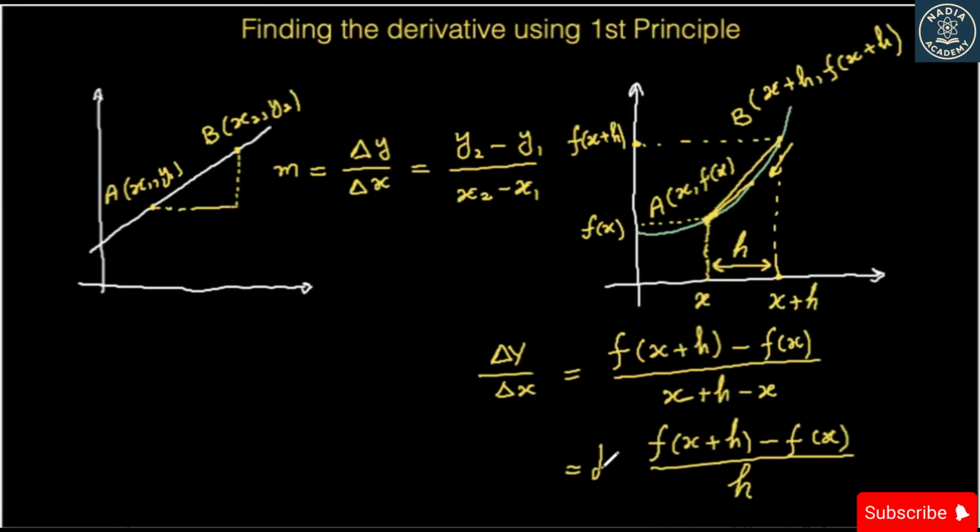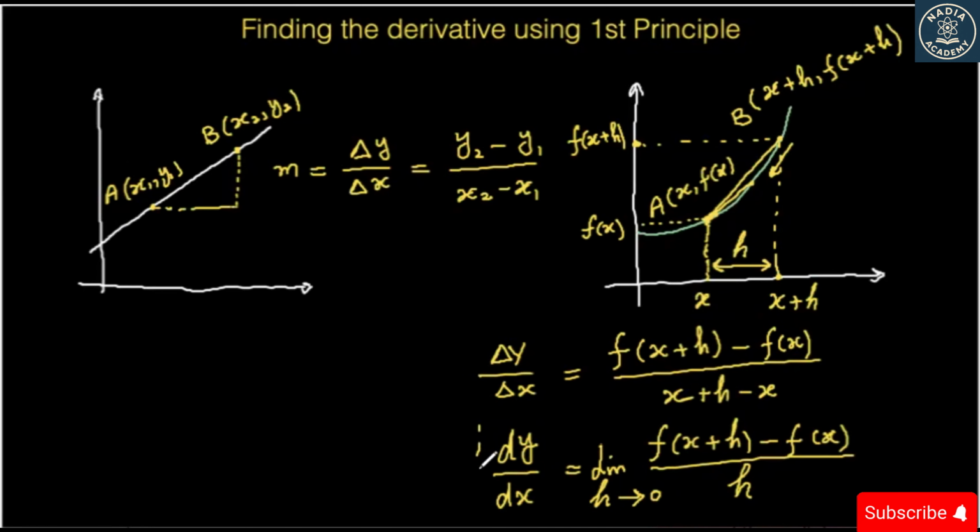So what we do is apply the limit as h approaches 0. This gradient you can write as dy over dx, where the differential part of x approaches 0.